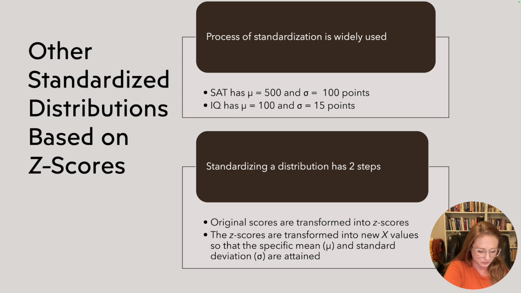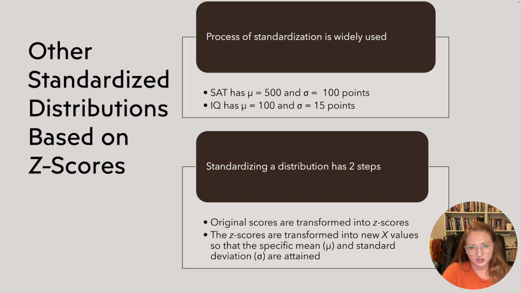Okay, so the two heavy hitters we use in statistics are SAT scores and IQ. They're the ones most people are familiar with, and it's easy because the numbers are clean. The SAT has a mean, or average score, of 500 with a standard deviation of 100, and it's across the country like that. IQ is also clean and easy with numbers. The average IQ is a score of 100 with a standard deviation of 15, and this is across the world.